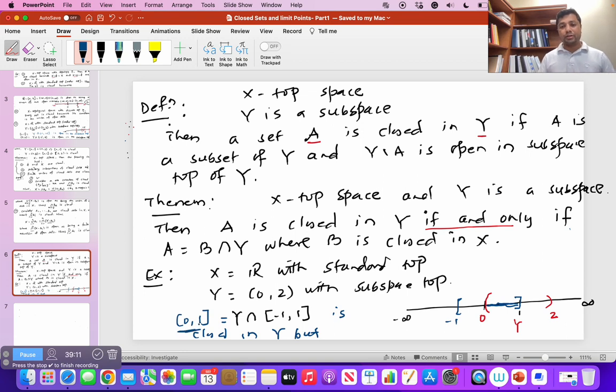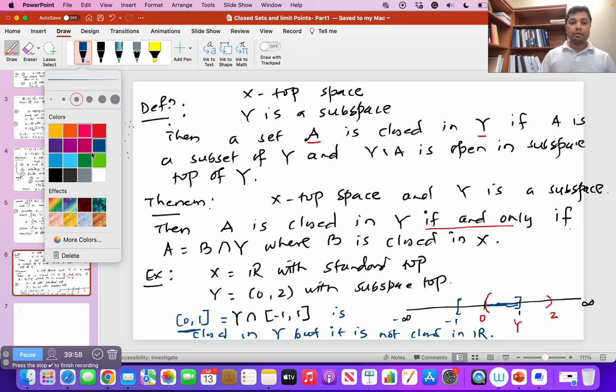This interval is the half open interval, so it is not closed in R. So from this example what we have seen is that you may have a set which is closed in the subspace, but it may not be closed in the bigger topological space. So this example tells us that you can have a set which is closed in the subspace, but not closed in the bigger topological space.